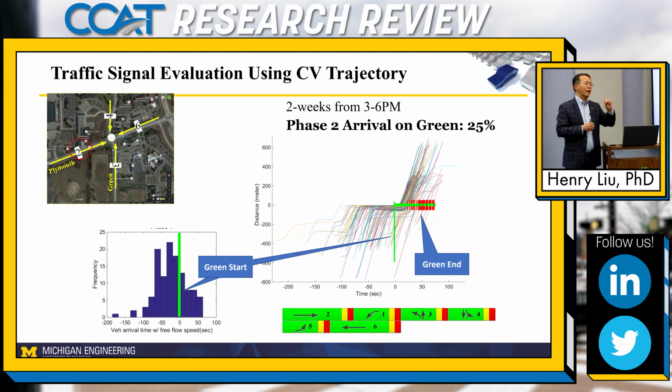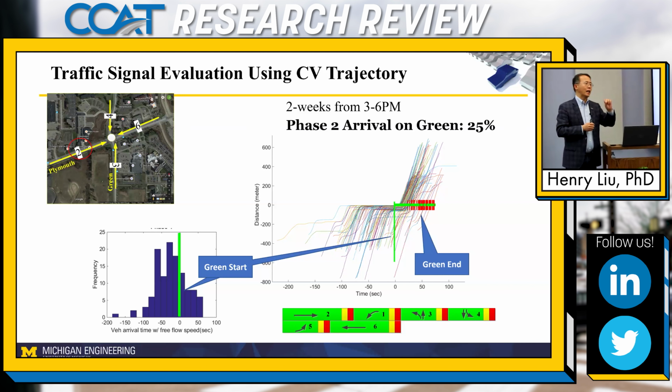The good news with vehicle trajectory data is we no longer need to maintain the infrastructure. For example, the connected vehicle data, the trajectories, could come from various forms, such as Google Maps. If you use Google Maps, you essentially give your trajectories.